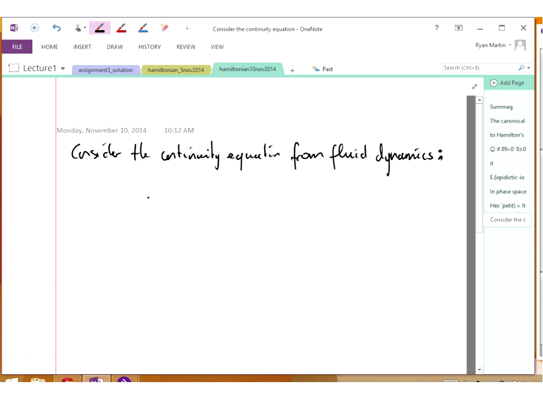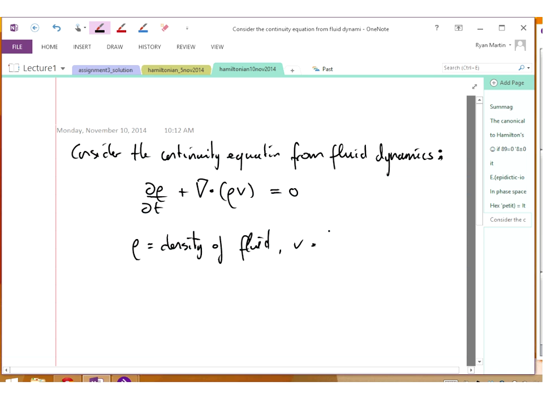From fluid dynamics, we have ∂ρ/∂t plus the divergence of ρv equals 0. So ρ is the density of the fluid, and v is the velocity field of the fluid.